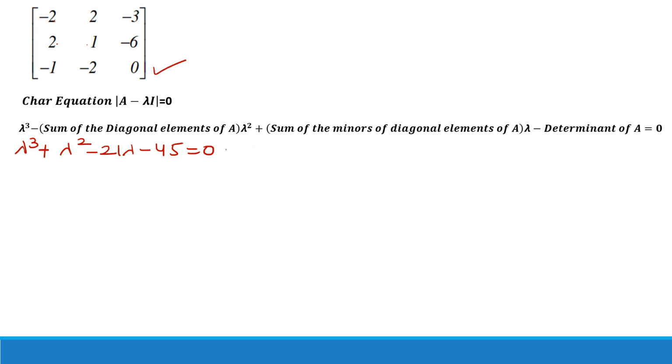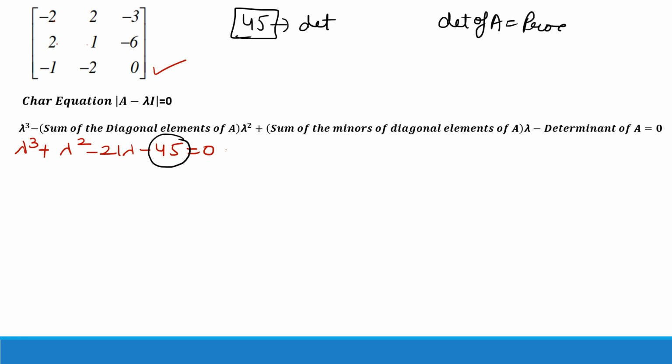Now by using the hit and trial method, we'll find the first root. But the thing is, here you can see the determinant is an odd number. So that means this is not the product of any even number. But we know that the determinant of A is the product of the eigenvalues, right?